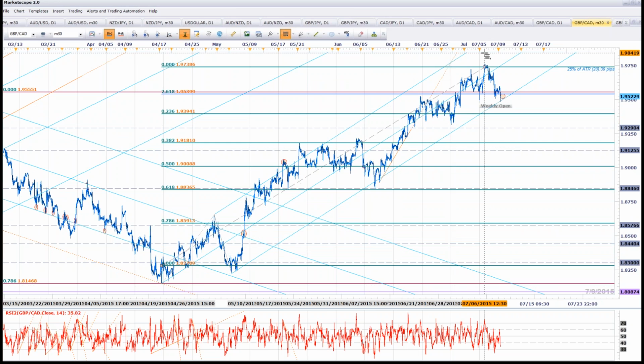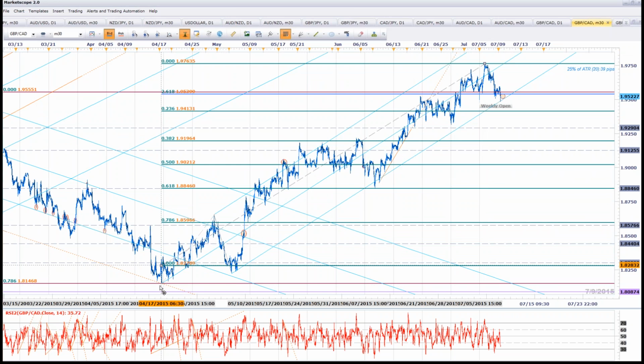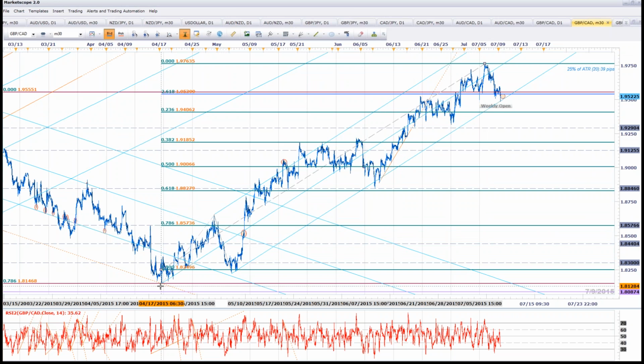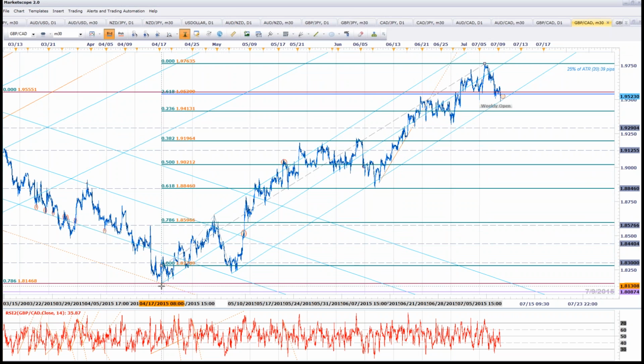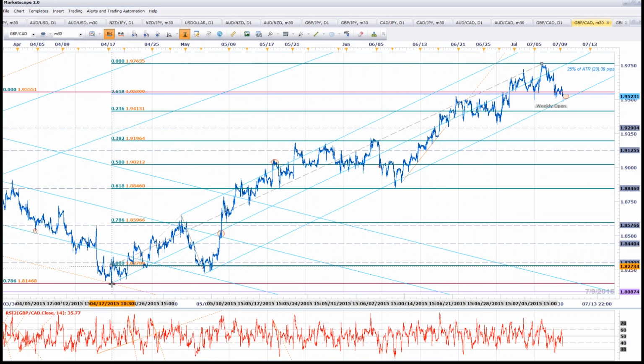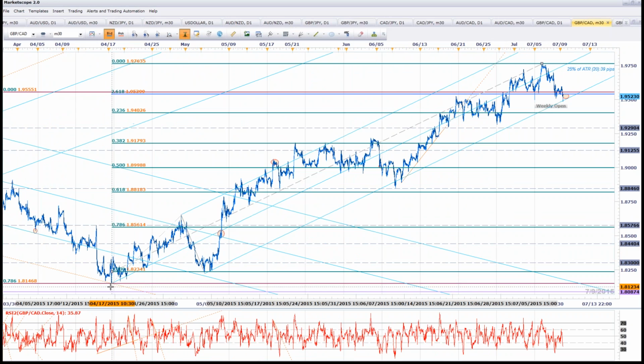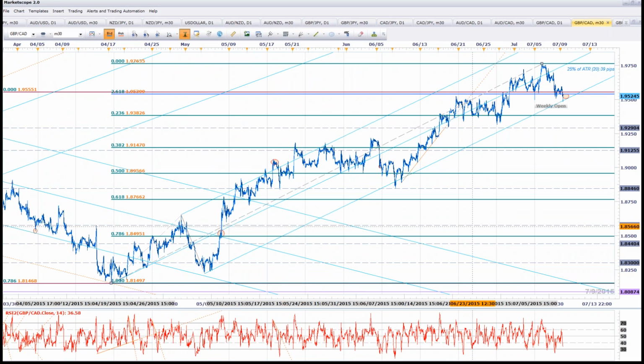First of all, just a basic retracement off the low. Okay. And that puts a 236 at 193.86.